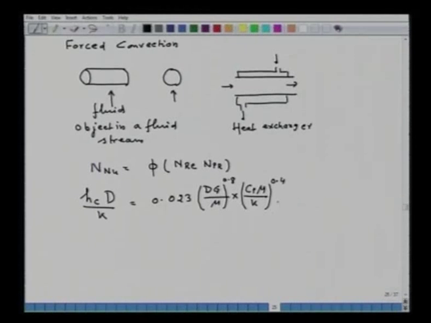Here G is the so-called mass flux velocity. So, this is the correlation we will be using for the determination of heat transfer by forced convection.